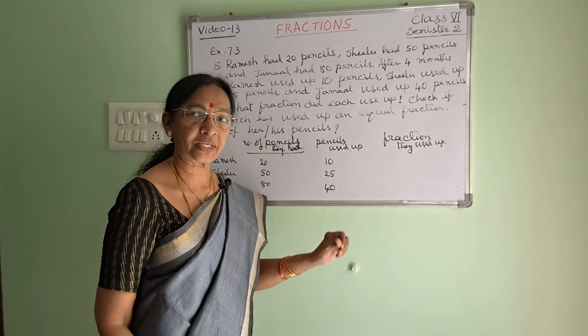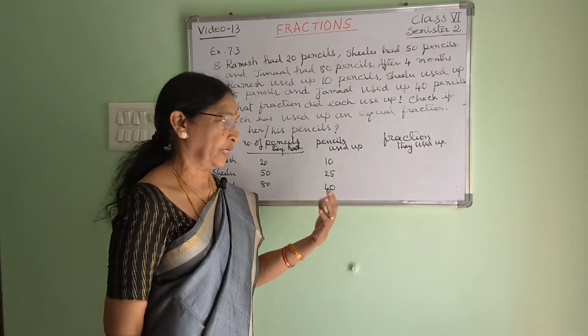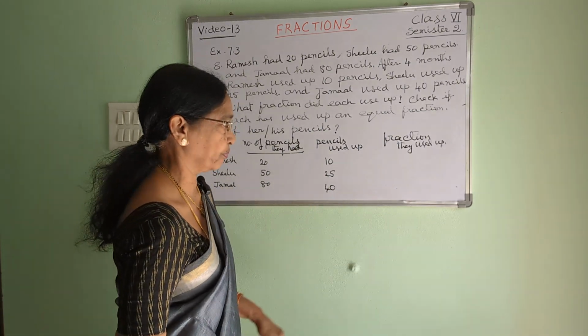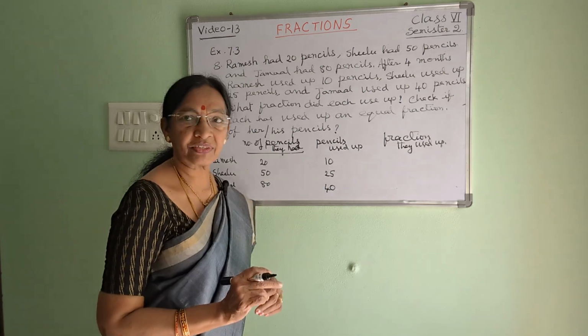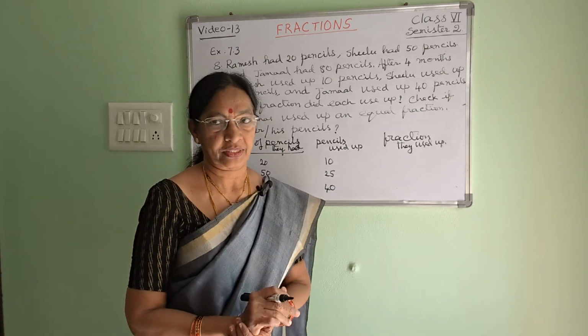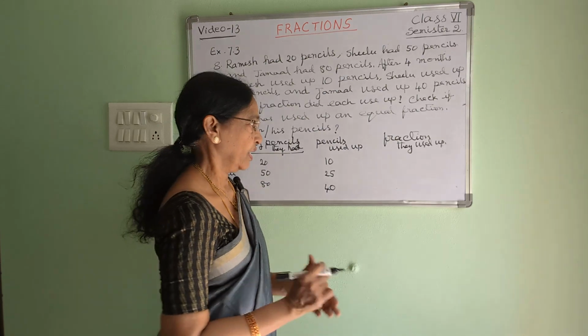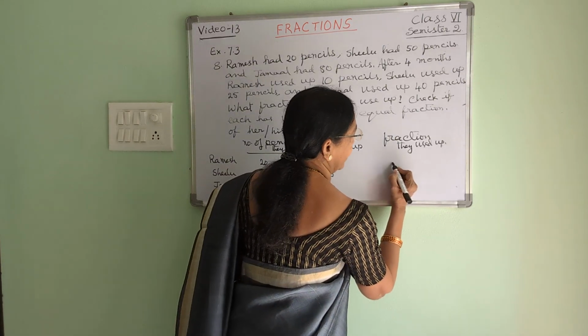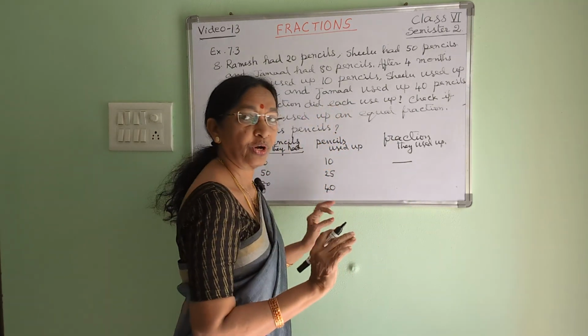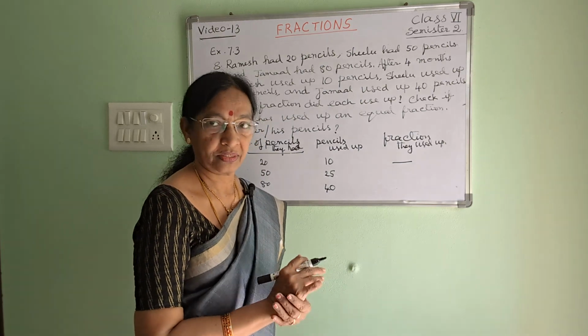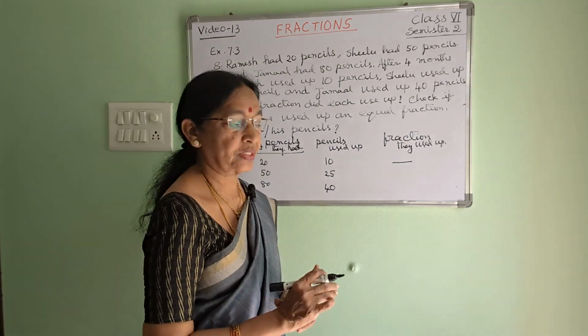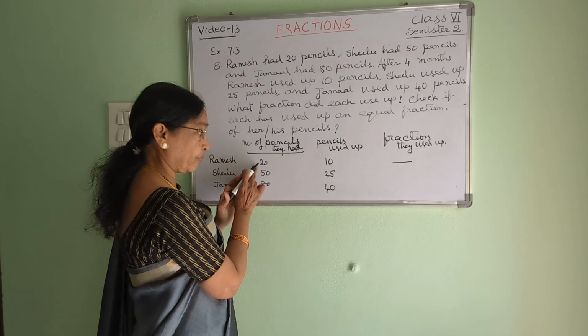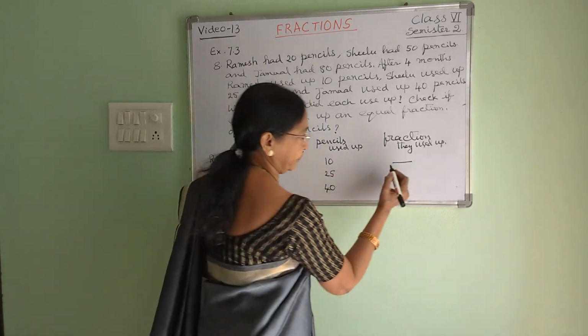So what fraction of the pencils they had used up? So in the first video we learned how to write a fraction. To write a fraction, we will write the number of equal parts, total equal parts. Here number of total pencils 20.